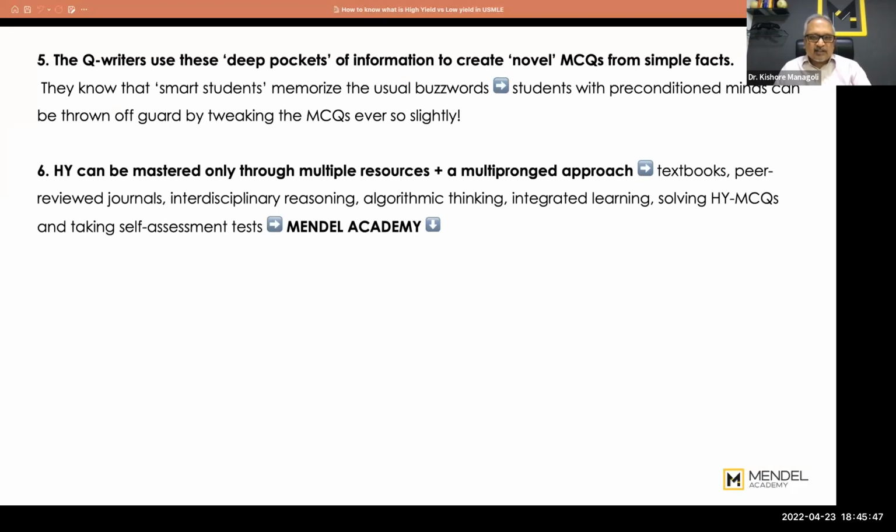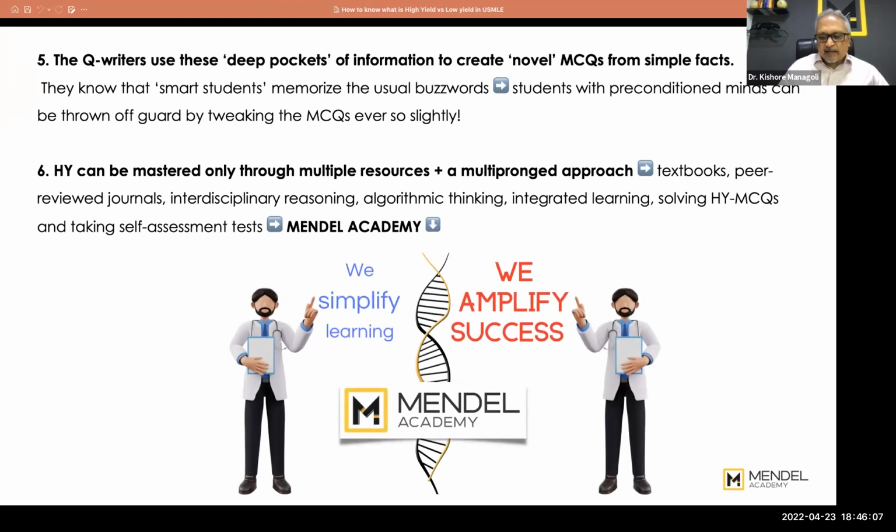You have to use a clinico-pathological multi-pronged approach, which will include textbooks, journals, interdisciplinary reasoning, algorithmic thinking, integrated learning, solving high-yield MCQs, and taking self-assessment tests, which we will do at Mendel Academy through our Superhit program.